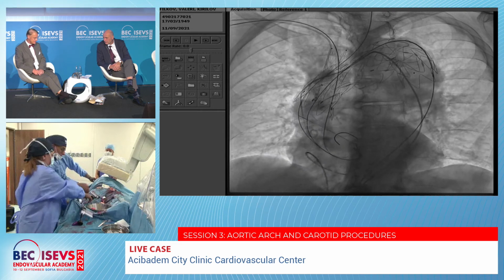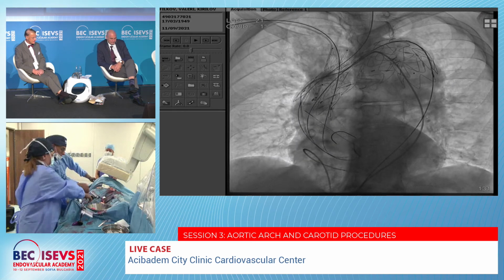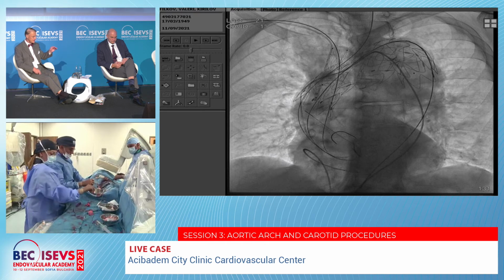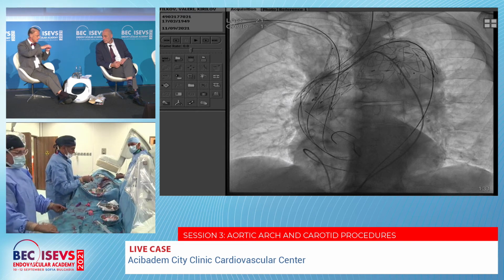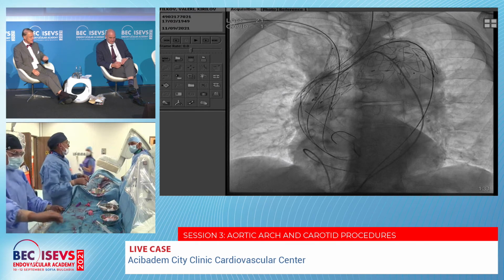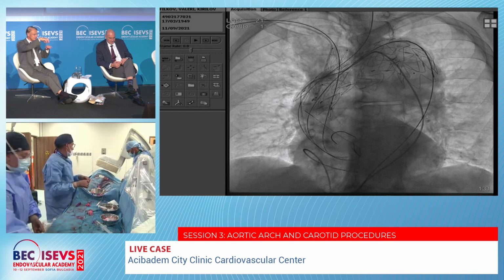I would like to see the angio again if the left subclavian is still contrasted. Because normally when you place the endograft across the orifice, you block the orifice of the left subclavian, but here this left subclavian is in the aneurysm sac.